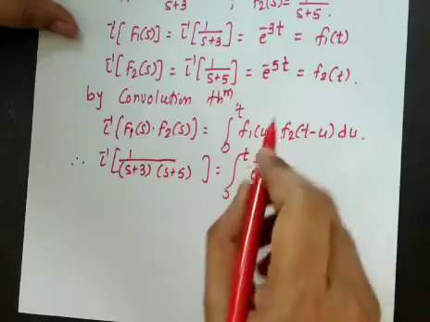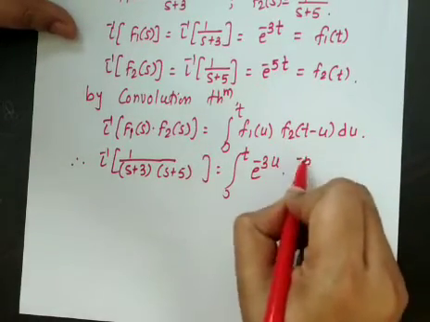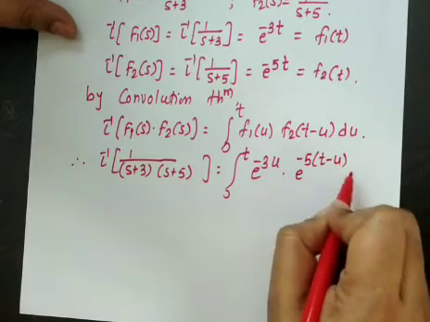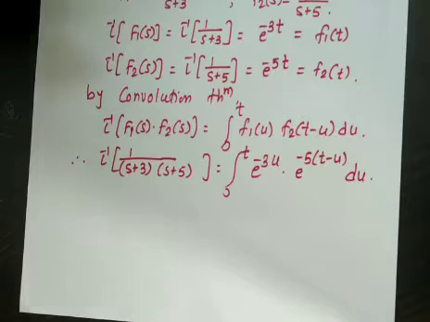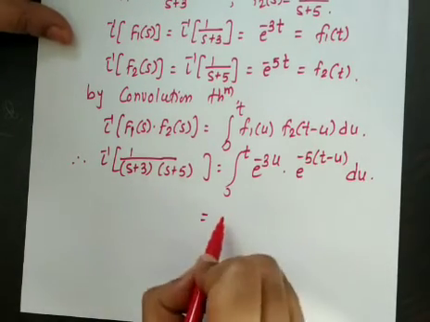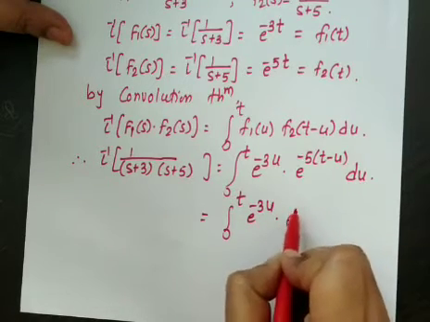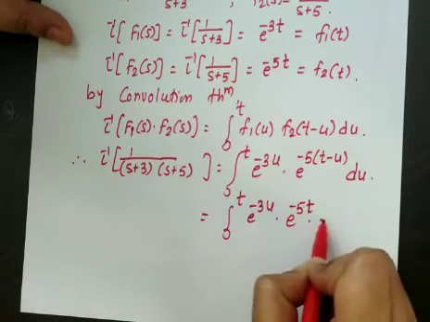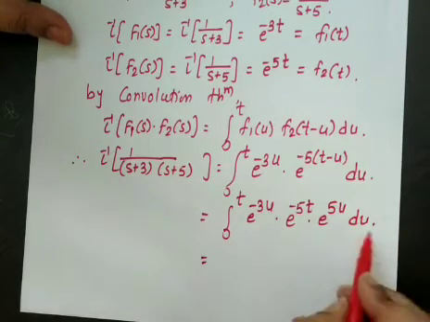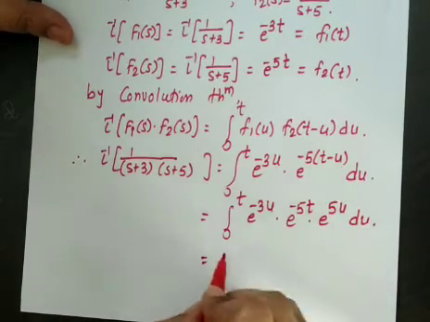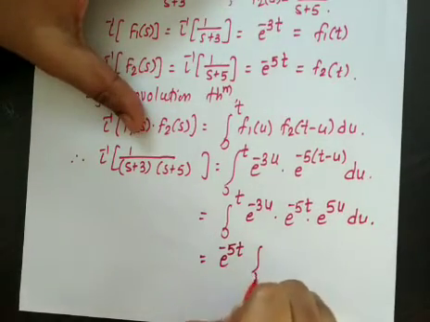This is your f2(t), in that we have to write t minus u in place of t, that is e raised to minus 5 into (t minus u), and this integration is with respect to u. So that is integration 0 to t e raised to minus 3u into e raised to minus 5t into e raised to 5u du. As integration is with respect to u, the function of t is constant, it will come outside, e raised to minus 5t.